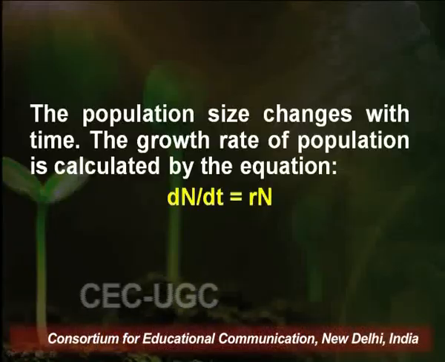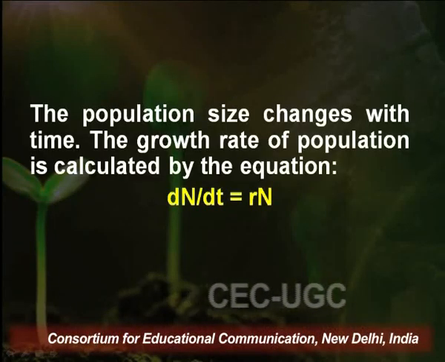The individuals enter or leave a population. This is referred to as immigration and emigration. So, whenever there is entry of individuals, the population size will increase, and whenever there is emigration or exit of individuals from a population, then the size of a population will shrink. The population size changes with time.